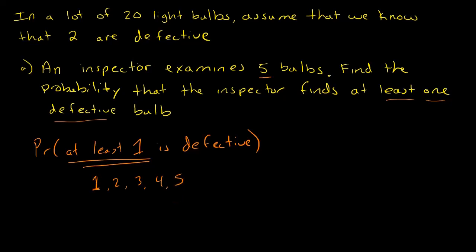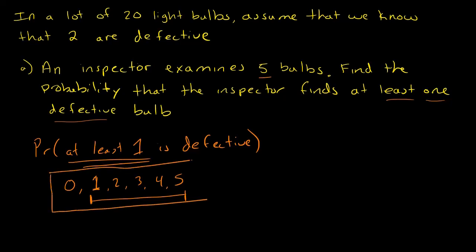What is the total sample space? The total sample space would be that 0 are defective, 1, 2, 3, 4, or 5 are defective. And this is what we want to know. So figuring out the probability that 1, 2, 3, 4, 5, that's a lot to try to figure out.